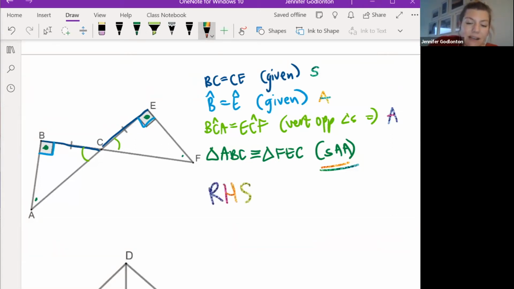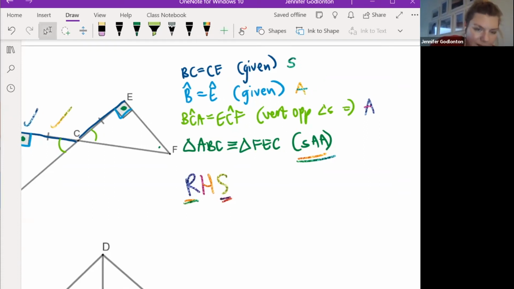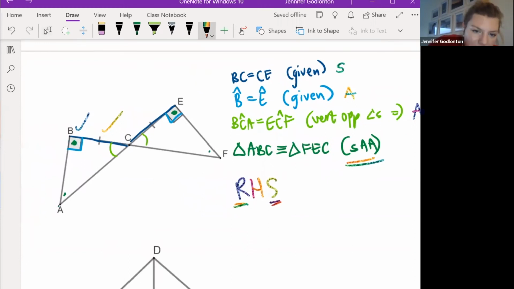That's the right angle, we have it. That's a side, we have it. But the hypotenuse is talking about this line over here. And have they told us that those two lines are equal to each other? No, ma'am. No. And because they haven't told us, we don't have the hypotenuse, which means we can't do right angle hypotenuse side. Thank you, ma'am. Okay, but it's a very normal mistake. So I'm glad that you asked about it. Okay. Cool.